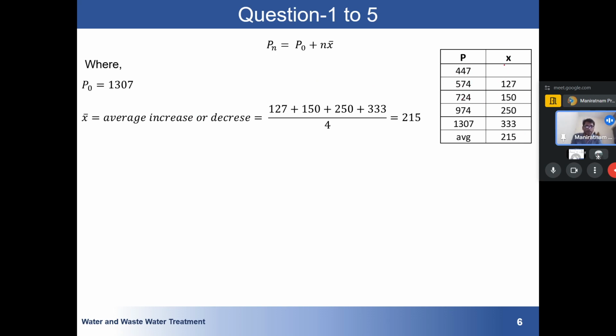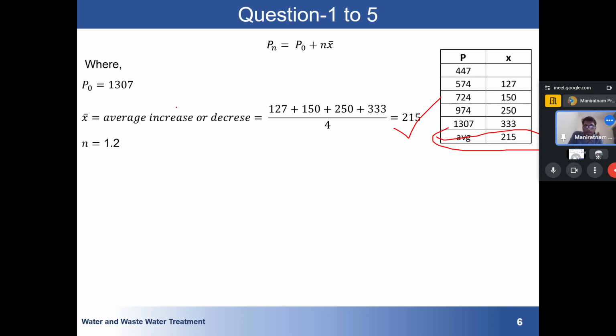So I have found x1, x2, x3, x4, and I have taken the average of these, and it comes out to be 215.